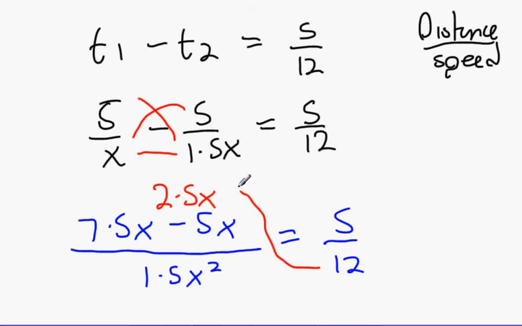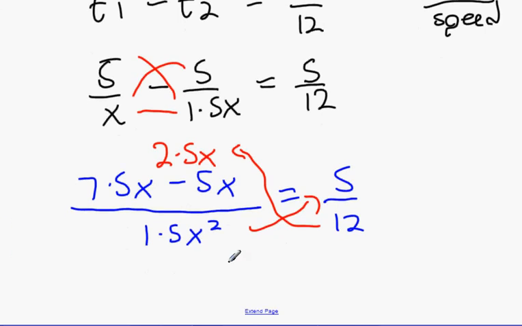Multiply that 2.5x by the 12. Multiply the 5 by 1.5x squared. 12 times 2.5 is 30. 30x equals 5 times 1.5x squared, 7.5x squared.